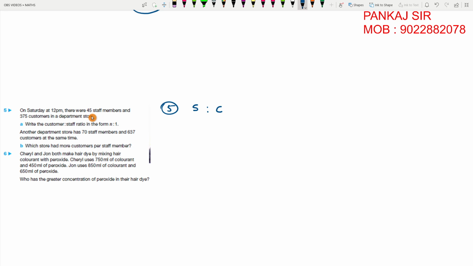The staff members were 45 and the number of customers 375. This is at 12 p.m. on Saturday in one of the department stores.